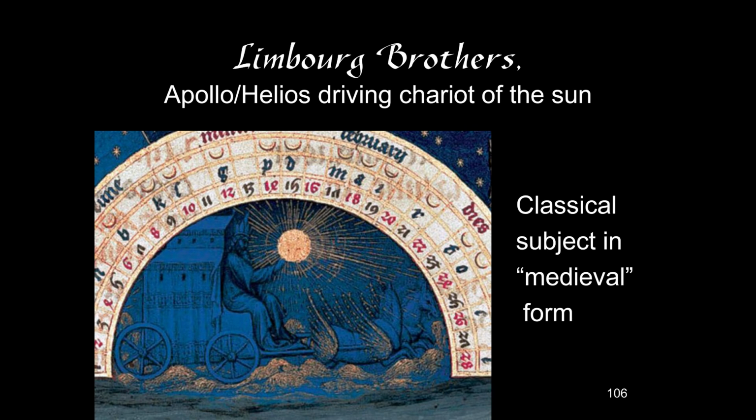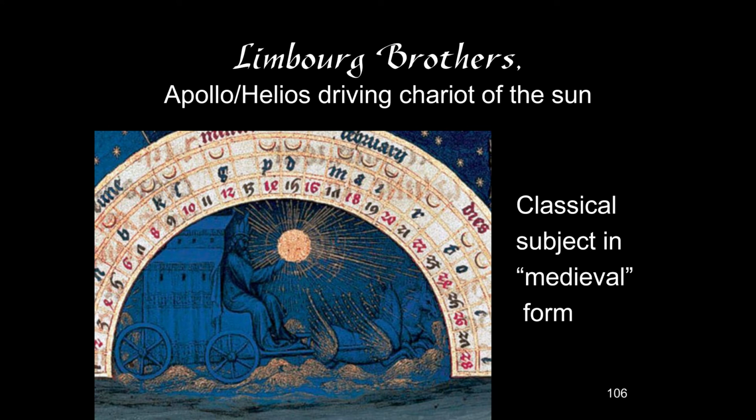We see the clouds are picked out in gold, the wings of the winged horses that are pulling the chariot of the sun are picked out in gold, and of course the sun itself is just a resplendent gold circle with rays of light coming from it.